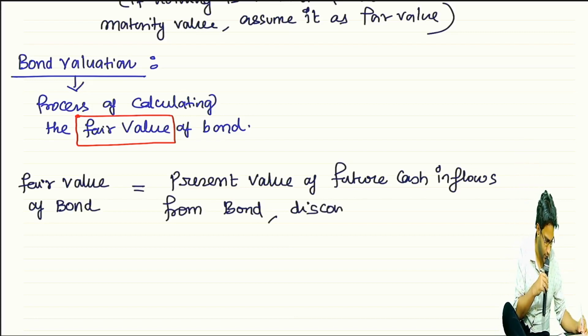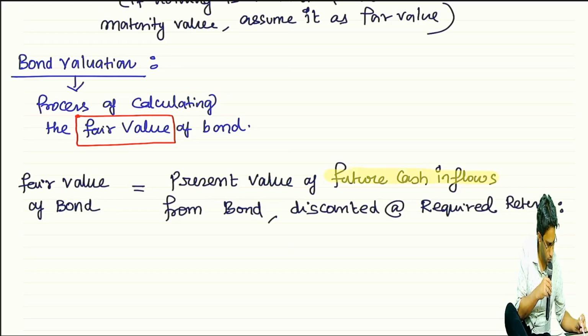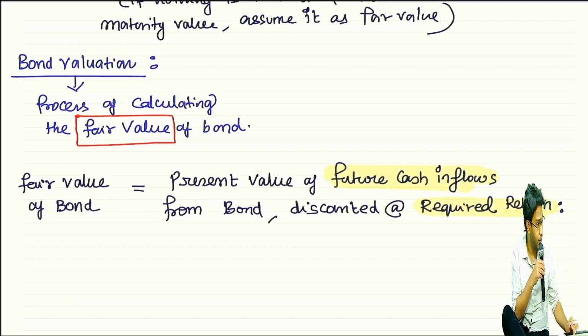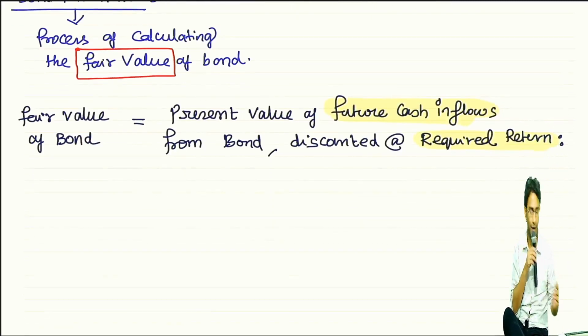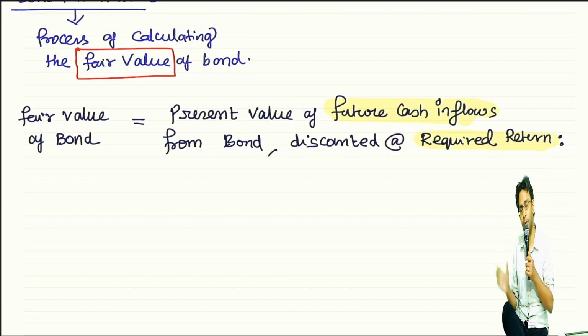So in this case also, discounted at required return. So future cash flows and required return. These two things will influence the price of your bond or value of your bond rather. We will now apply this formula, try to get some value and interpret it more clearly.